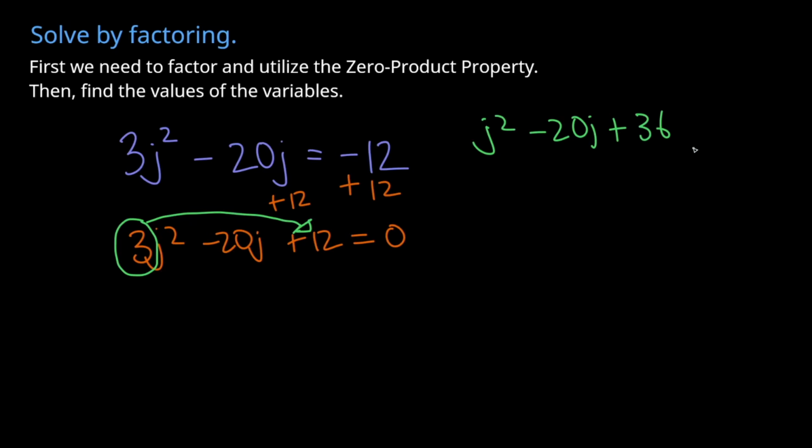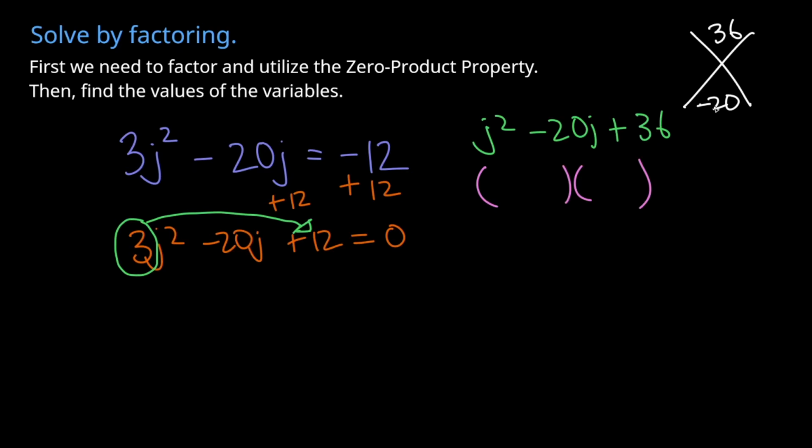So now we can go about factoring this as usual. We'll make our little x up here to help us out. We want factors of a positive 36 that add up to negative 20. So when we multiply these two numbers, they need to be positive.